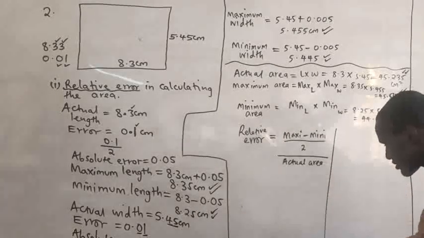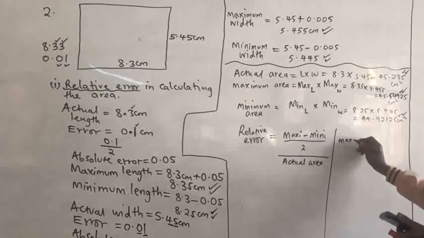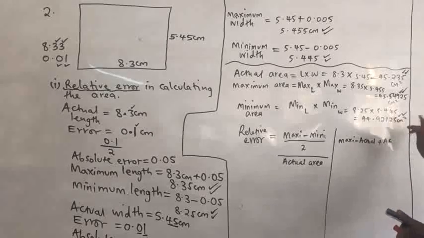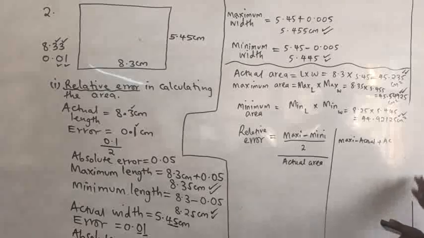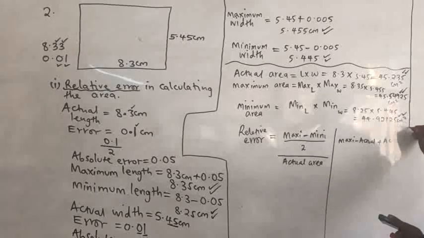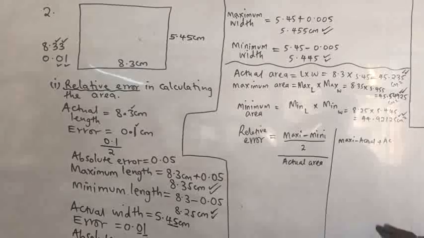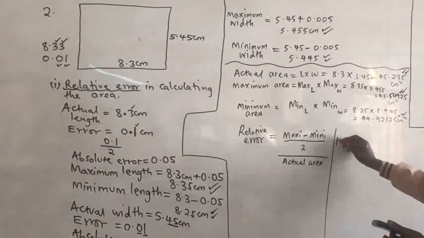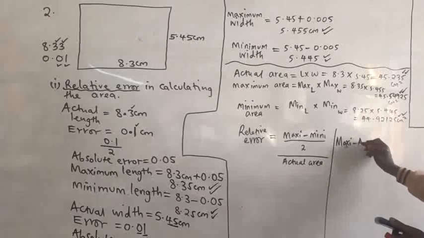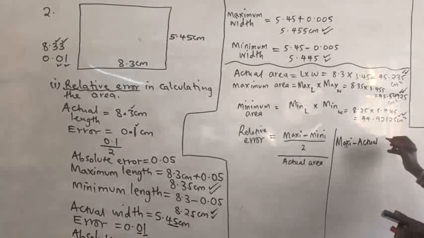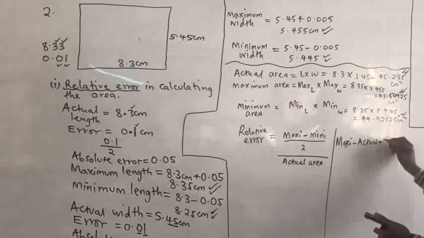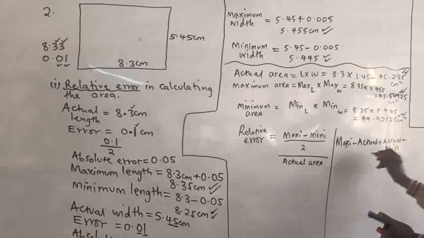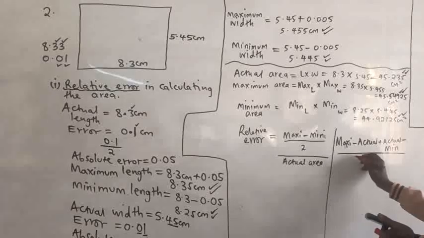Or someone else can decide to say maximum minus actual, plus actual minus minimum, then again everything is divided by the actual area.